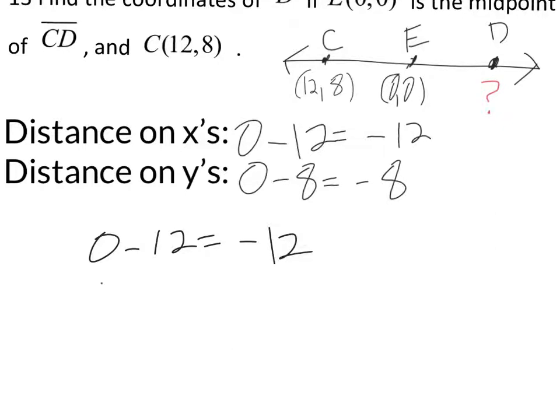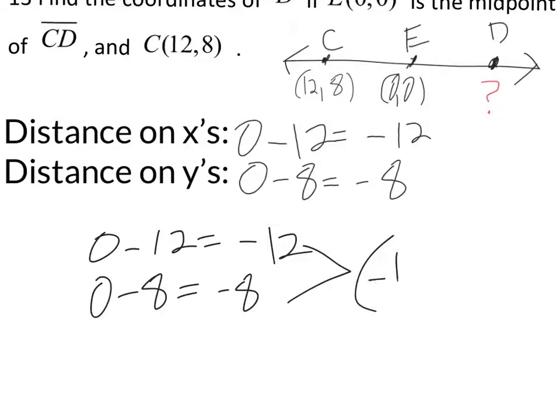And I take the y-coordinate of 0, and then I minus 8. If it were a positive 8, again, I would write 0 plus 8. And so that's negative 8. So this right here, (negative 12, negative 8), that's my coordinate of D. All right? That is my endpoint D.